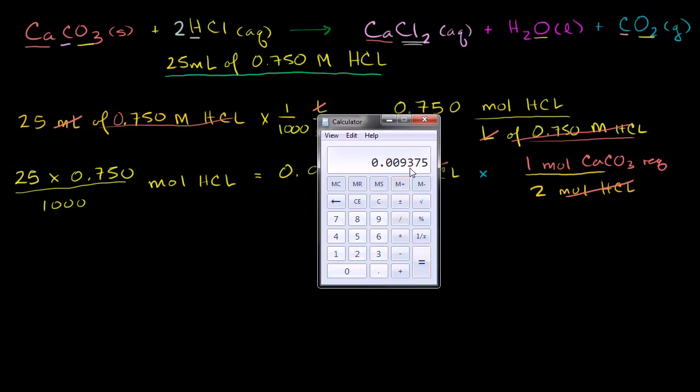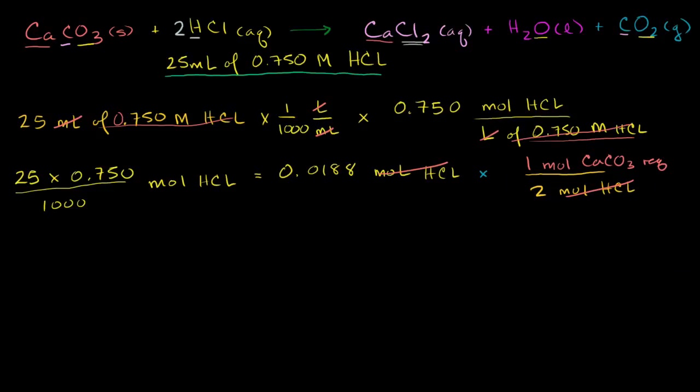I should only do 3 significant digits, but I'll just round it. So this is equal to, we're left with 0.00938 moles of calcium carbonate required. And we're not done yet.